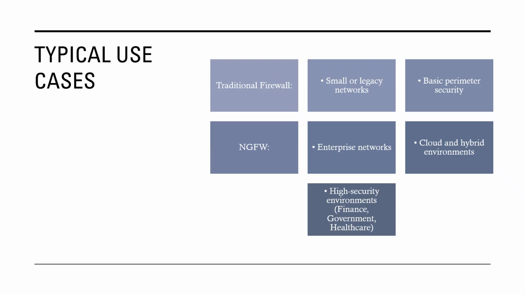Like I said, having just a firewall is not sufficient to secure an environment. Firewalls are just one step to security. You understand? There are different layers of security, but the firewall is just one of them. It sits on the network level. So it offers a high security environment. It is used in the finance sector, the government sector, and equally in the healthcare sector.